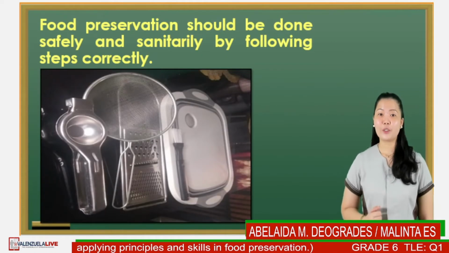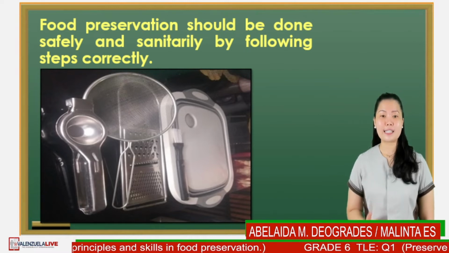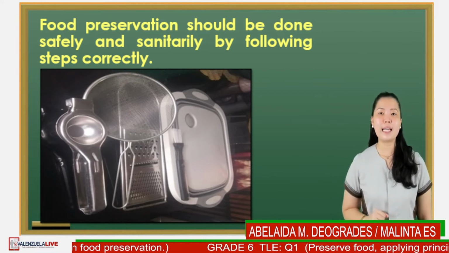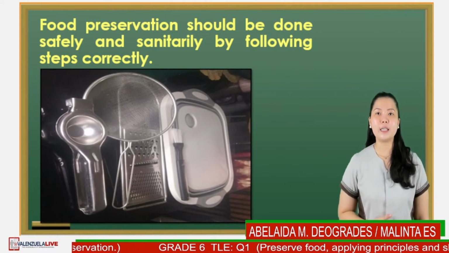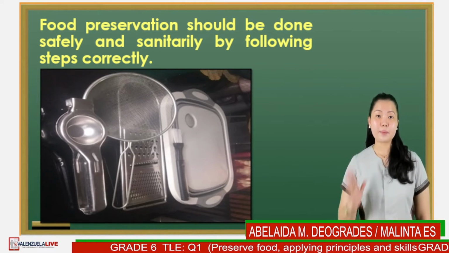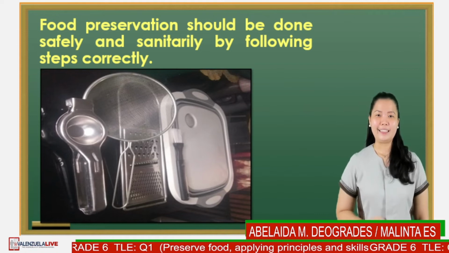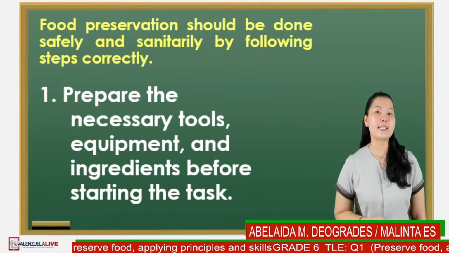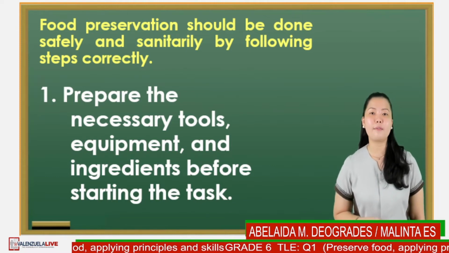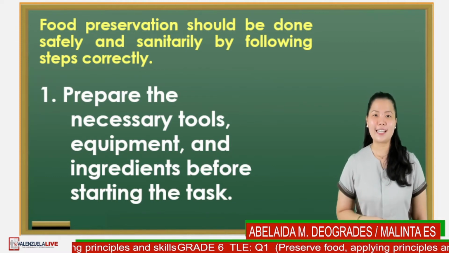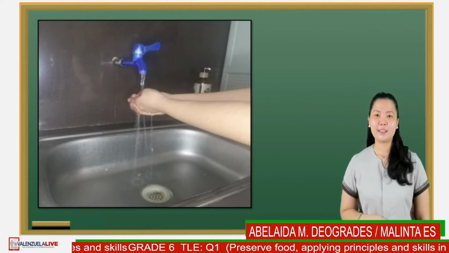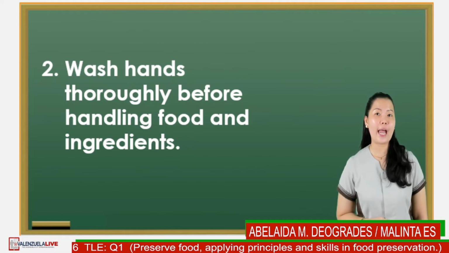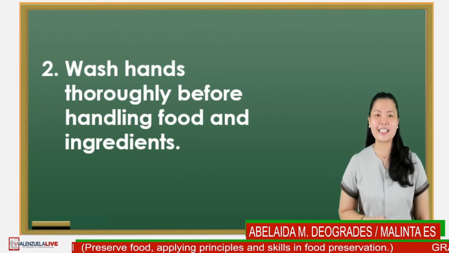Let us proceed to the health and safety practices in food preservation. Food preservation should be done safely and sanitarily by following these steps correctly. Number 1, prepare the necessary tools, equipment, and ingredients before starting the task. Number 2, wash hands thoroughly before handling food and ingredients.